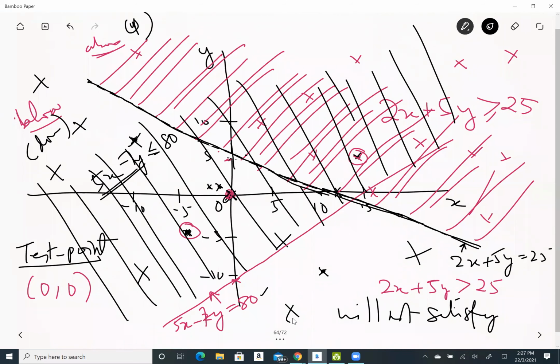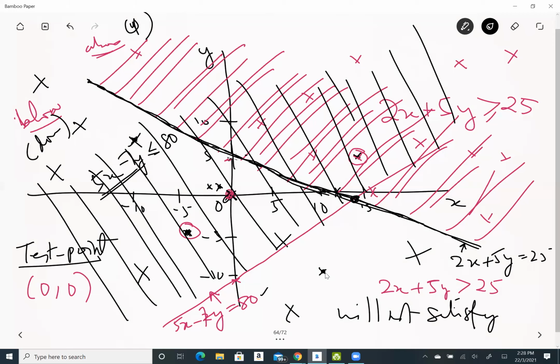Where is the area? If you look at the black and the red shaded regions, the overlapping or intersecting region between the red and the black. It is the area that is bordered by the black line 2x plus 5y equal to 25, up to the point where it intersects the other equation.